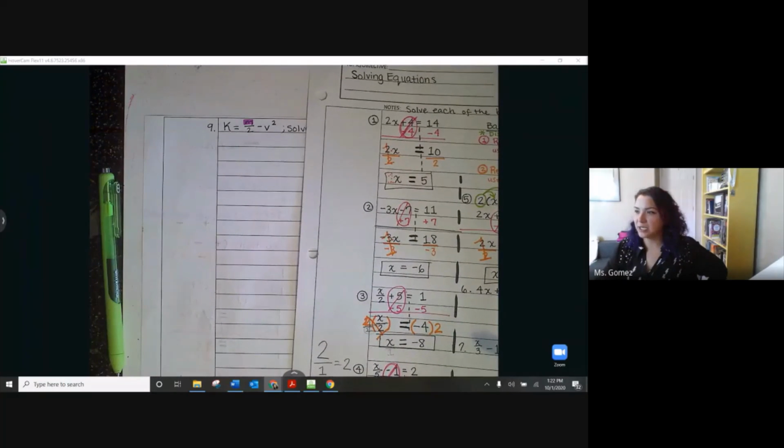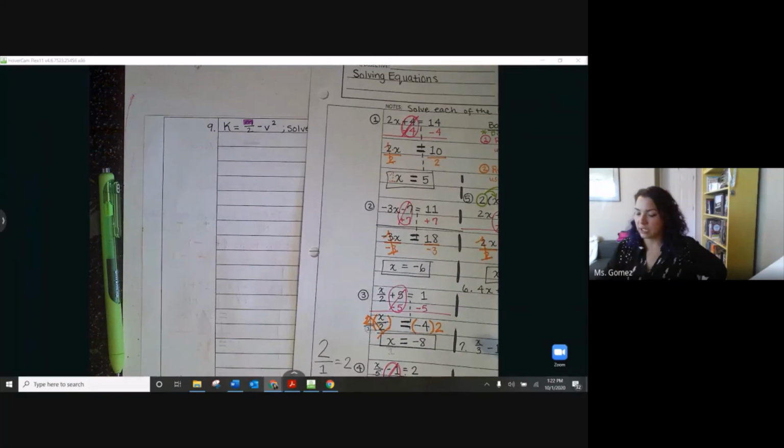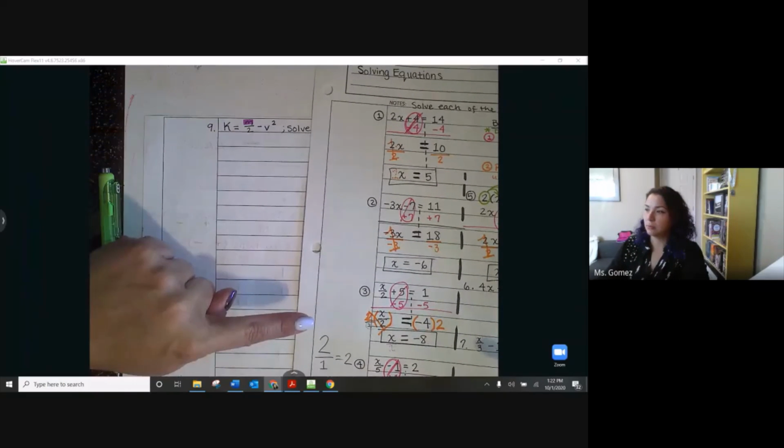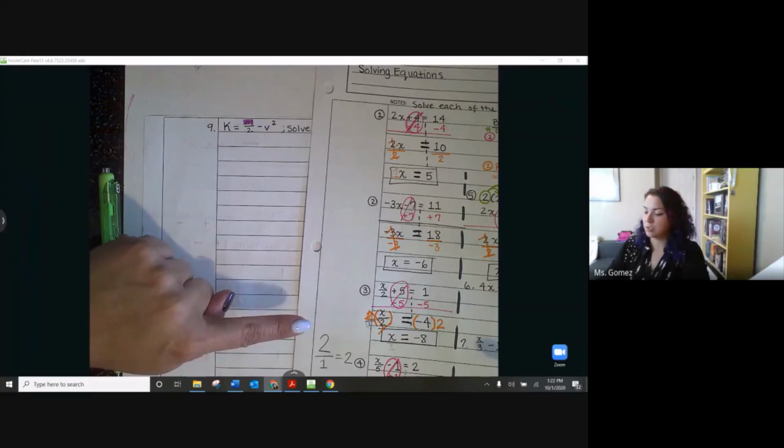So if I need to do the pink step here, what should I remove? Take a look at number 3. It's very similar. Almost looks the same setup.